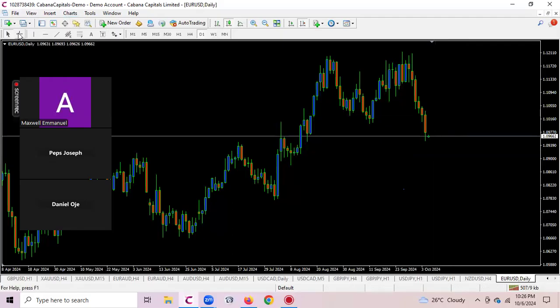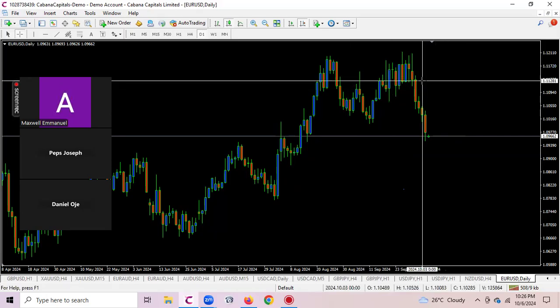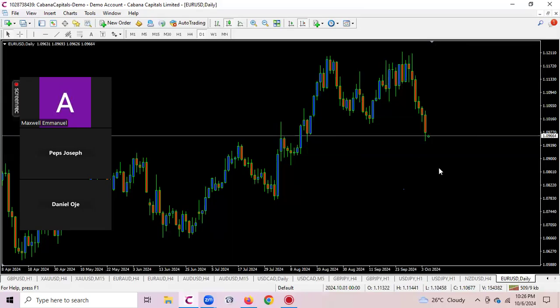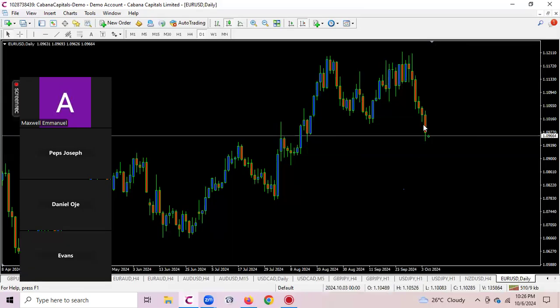Let's see Tuesday, how many pips from this point to this point? Okay, the biggest move was on Tuesday on EUR/USD. So EUR/USD was strongly bearish on Friday because the major news released for the dollar was positive.